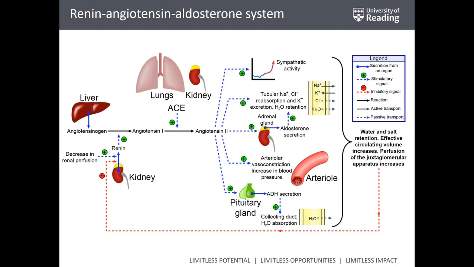So angiotensin is not as fast as an autonomic response to the change in pressure detected by the aortic arch or the carotid sinus. So it's not a short-term regulation of blood pressure, but it's definitely mid-term, okay? Because it acts as a vasoconstrictor on the arterioles as a consequence of this downstream cascade of activation from renin to the generation of angiotensin.